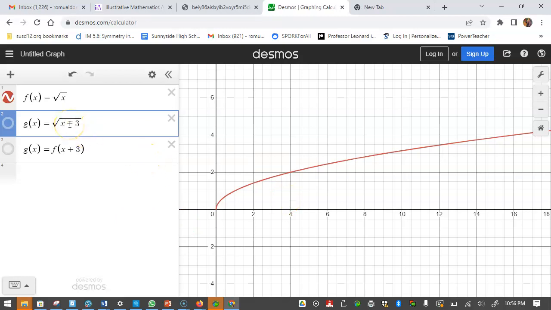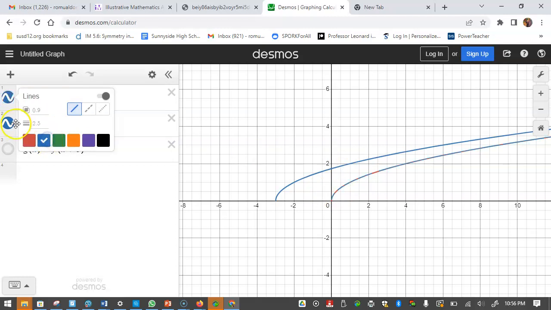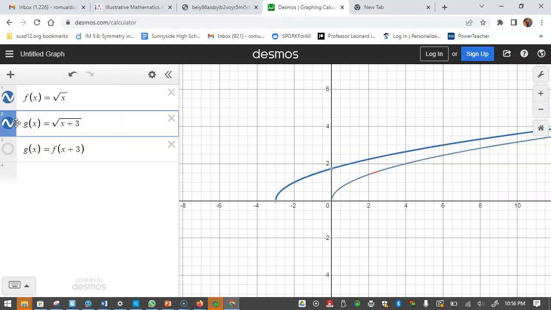Usually, because there's a plus 3, students think that it goes to the right, starting from this end. But remember, let me click on this and see where the graph goes. Let me take this as the blue graph and this one as the black.